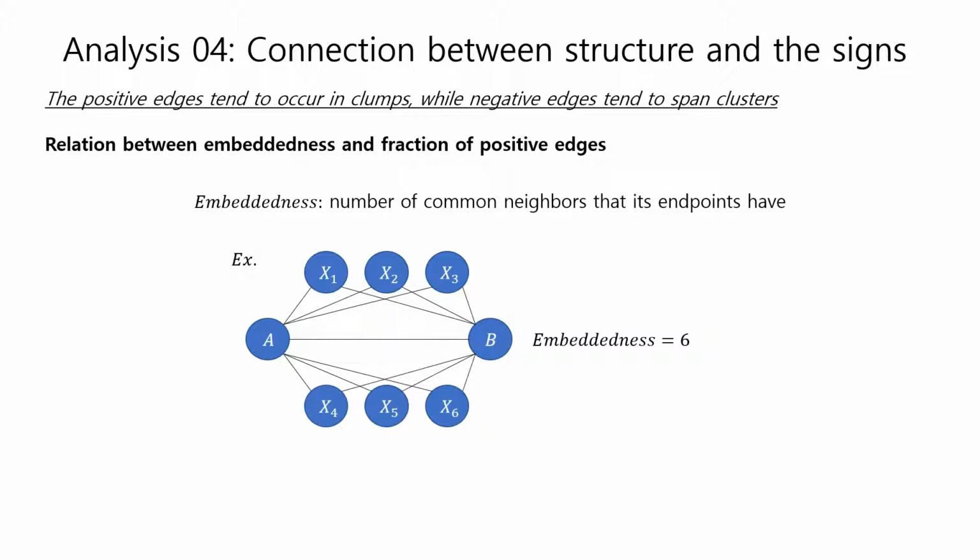Furthermore, they inspect the connection between the structure of networks and the sign of edges. The general conclusion is that positive edges tend to occur in clumps, while negative edges tend to span clusters. We must first define embeddedness. Embeddedness is the number of common neighbors that its endpoints have.